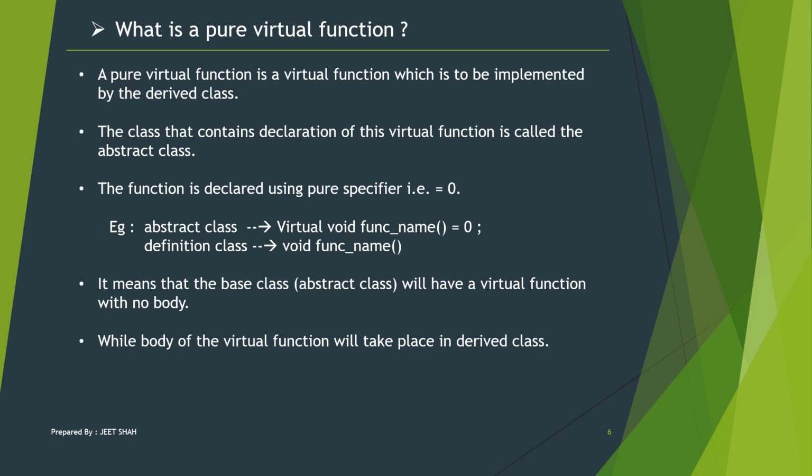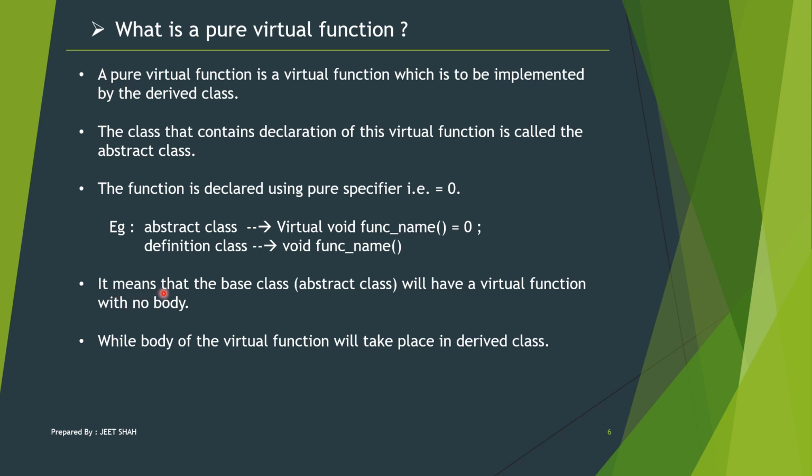And in the definition class, we just write the return type, then our function name, and then the body of our virtual function. Now, in most cases, the abstract class is always the base class and the derived class is our definition class.